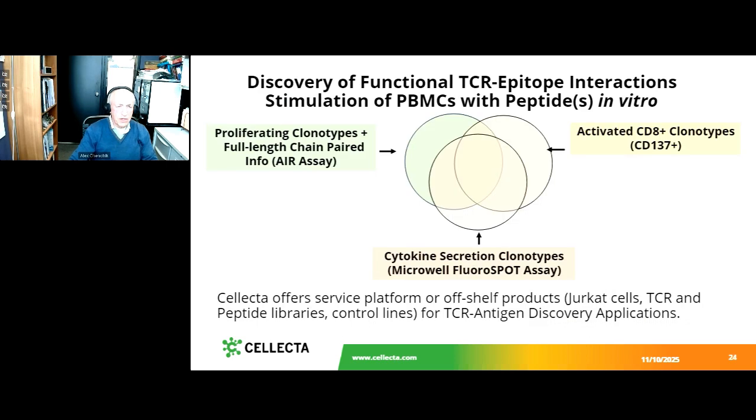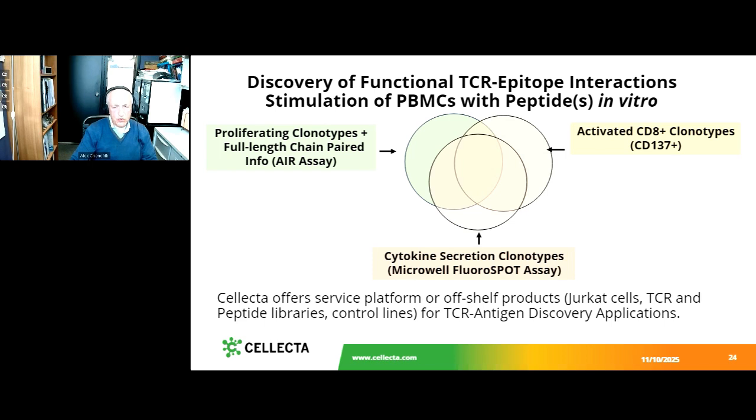So we believe that functional discovery of functional TCR-epitope interactions based on the stimulation of PBMC with peptides in vitro can be effectively performed by analysis of proliferating clonotypes in combination with full-length chain pairing information, using a combination of bulk RNA-seq and single-cell RNA-seq.